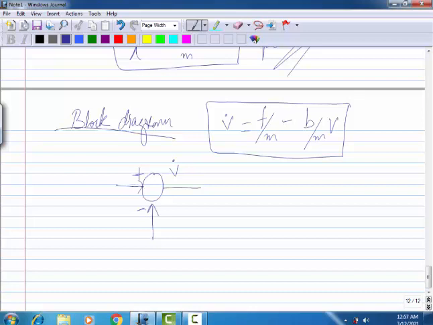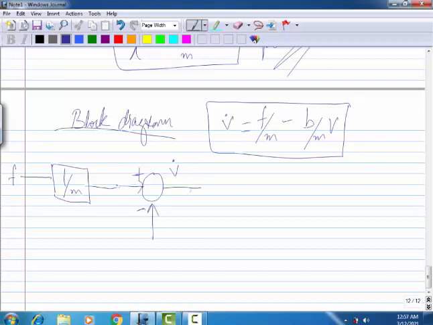But we need to apply the input to the system. The input to the system is F. So this is the input F to the system, and if I multiply this by 1 by m, I represent this term. Now I have to represent this one, but for that we need V, but here we have V dot. How do we calculate V?